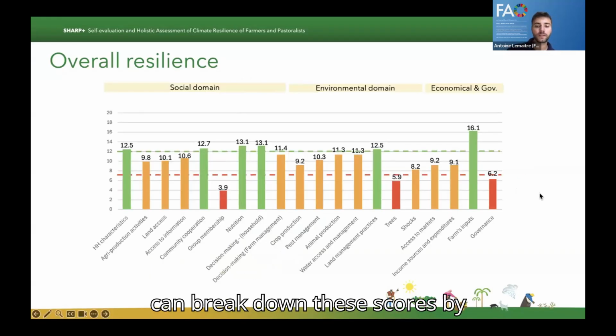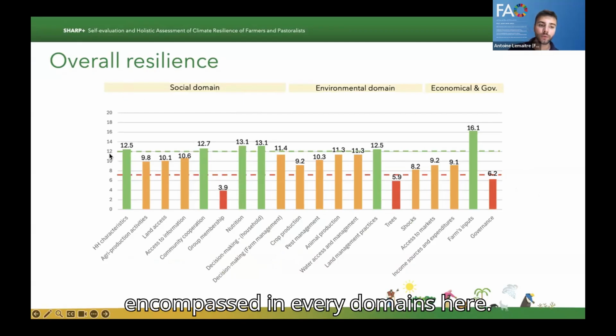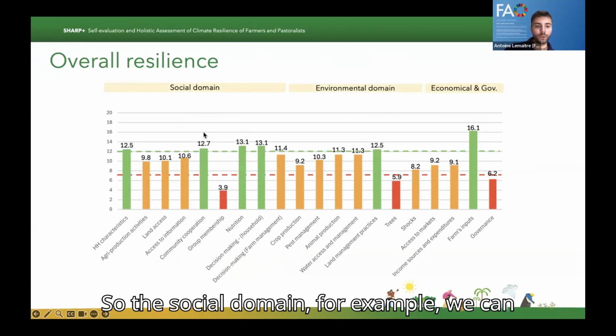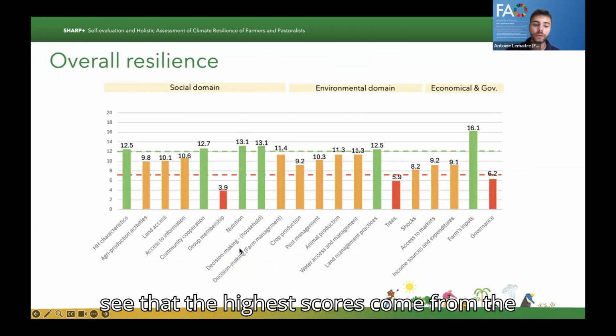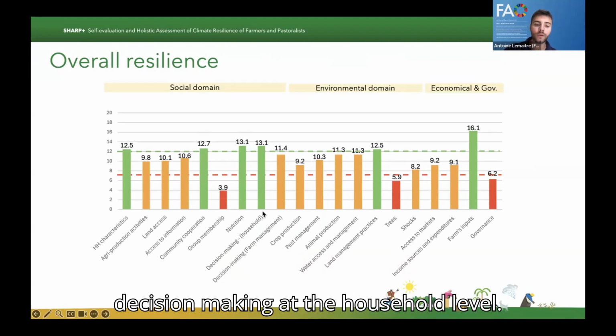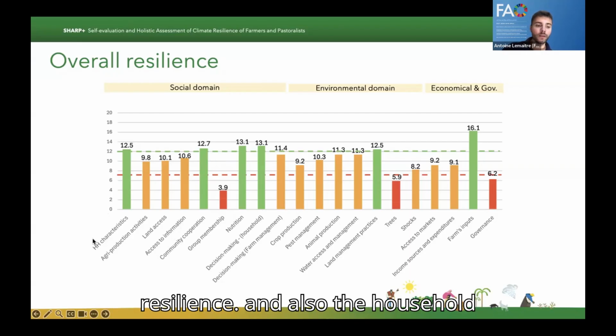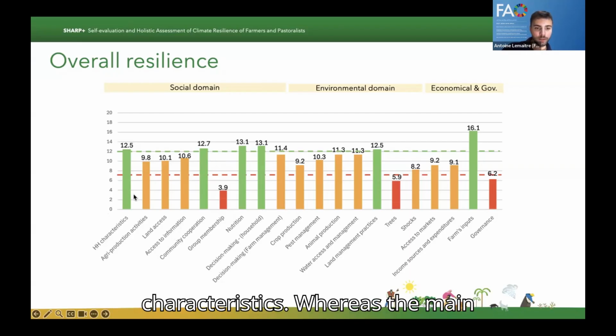And now we can break down these scores by modules. So you can see all the modules encompassed in every domain here. In the social domain, for example, we can see that the highest scores come from nutrition with 13.1, and decision making at the household level. Also community cooperation is high resilience, and also the household characteristics.